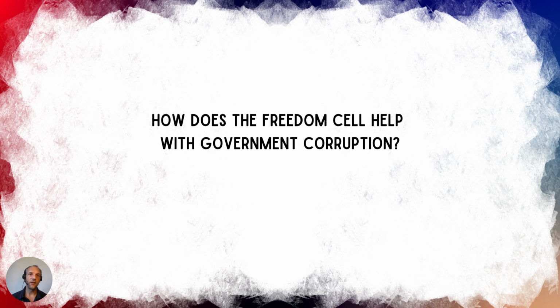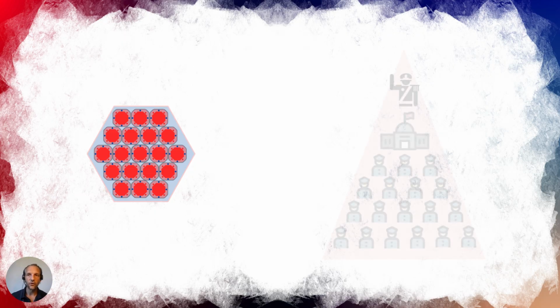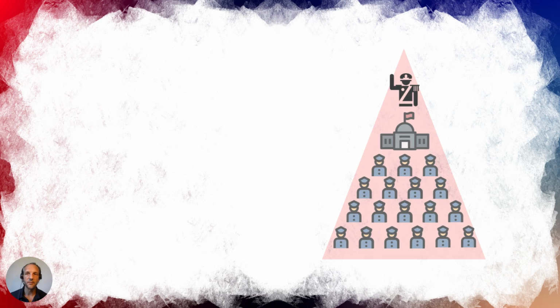So the next question is, how does the Cell help with government corruption, really? How do we interact with the government? I would like to present a scenario between a larger metacadre and a government. When a freedom cell attains its mutual aid legal status, it has the ability to put on the record unresolved disputes and complaints, and this builds up over time and can be recognized internationally.